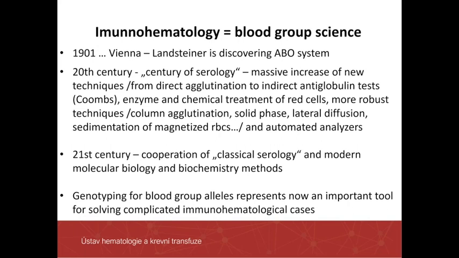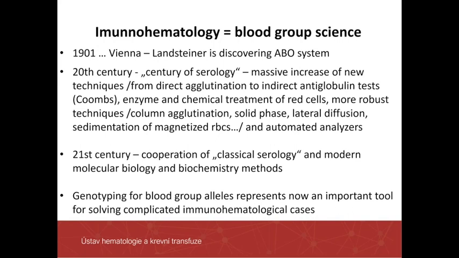The whole century after this discovery could be called the century of serology, when a massive increase of new techniques made possible to detect more and more antigens and antibodies, and the knowledge increased to nowadays a big amount of data of blood groups, antigens and systems.